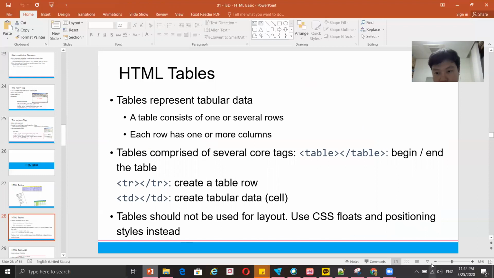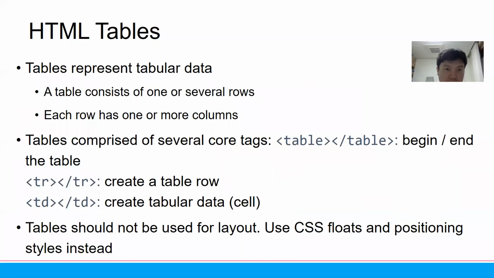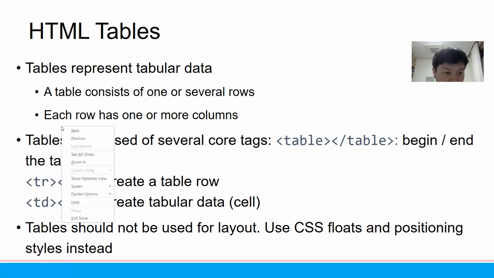Okay. So the HTML tables represent the tabular data. A table consists of one or several rows, and each row has one or more columns. Okay, so you need to understand that that is the basic of the table.